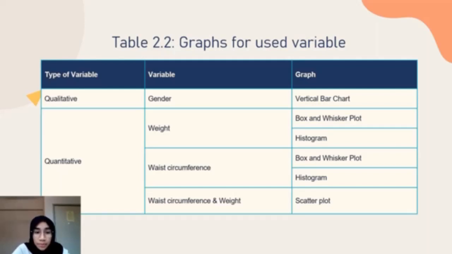For the quantitative variables, the first is weight. The graph used is a box and whisker plot and histogram. For the variable waist circumference, the graph is a box and whisker plot and histogram. And for waist circumference and weight together, the graph is a scatter plot.